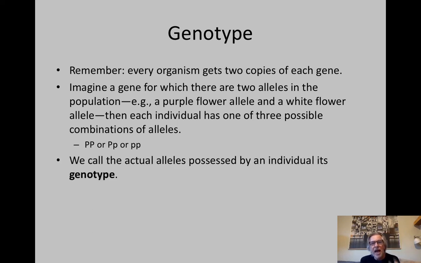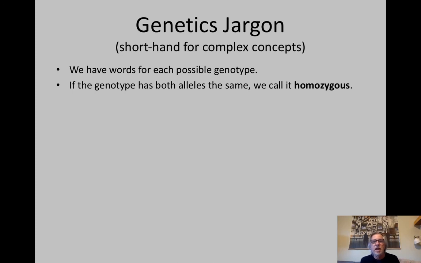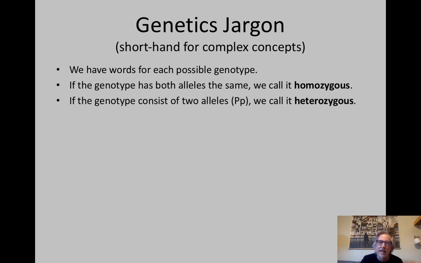We call the actual alleles possessed by an individual its genotype, and that's a vocabulary word you need to know. We have words, of course, for every possible genotype. If the genotype has both alleles the same, we call it homozygous, meaning they have the same alleles. Can you guess what we call it if they have both alleles different? You've got it. It's heterozygous.